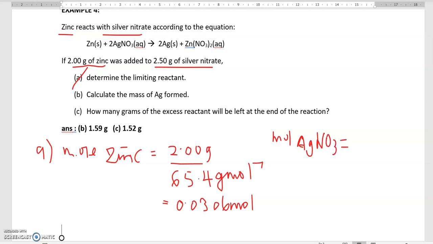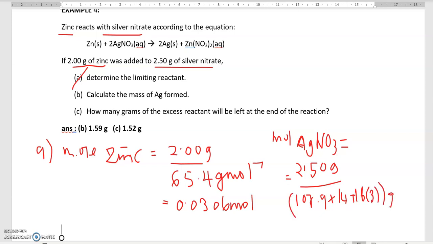So the mass given is 2.54 gram over the molar mass of silver nitrate, which is 107.9 plus 14 plus 16 times 3 gram per mole.